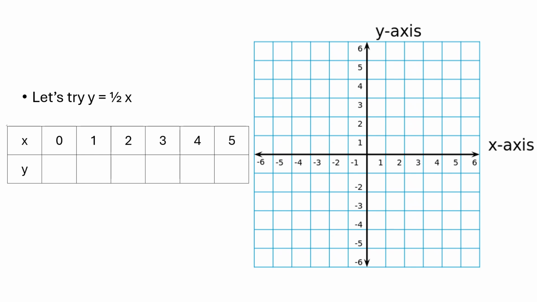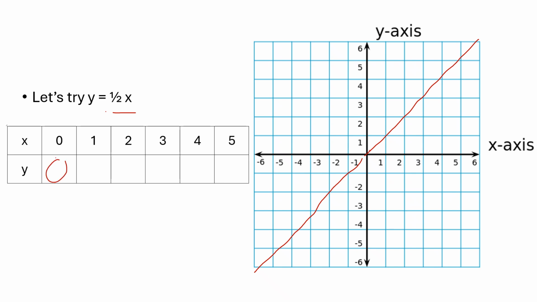So now let's change our gradient by making it half of x. So the red line is our y equals x, our basic graph. We fill in our table of values like our in-out machine.